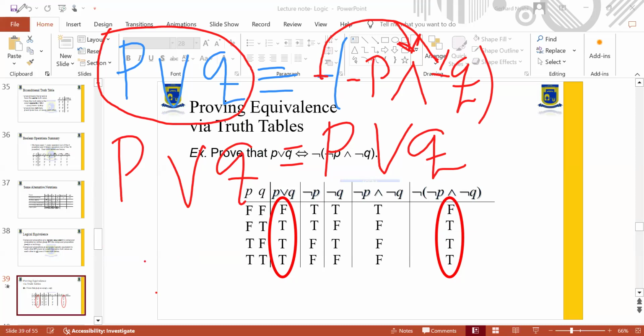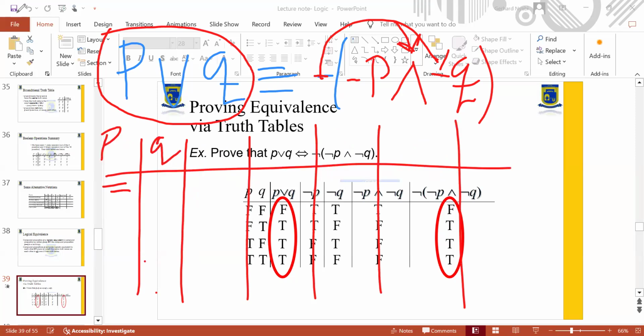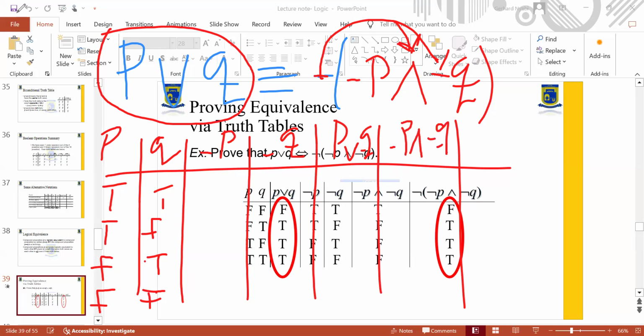So we have P, we have Q: true, true, true, false, false, true, false, false. Now we need negative P, we need negative Q, we need P or Q, we need negative P and negative Q, and we need negative P or negative Q, right?